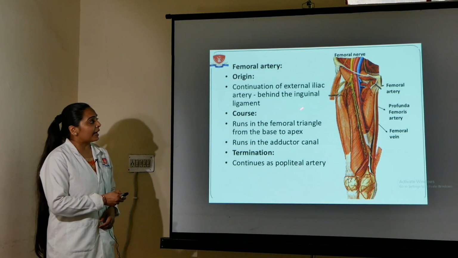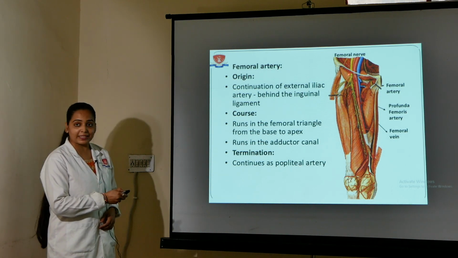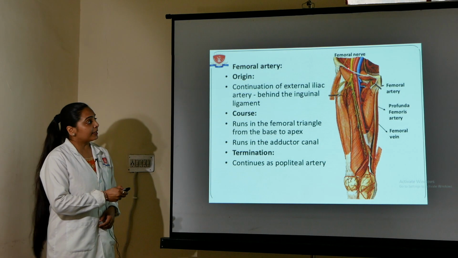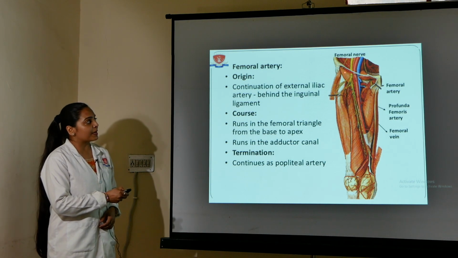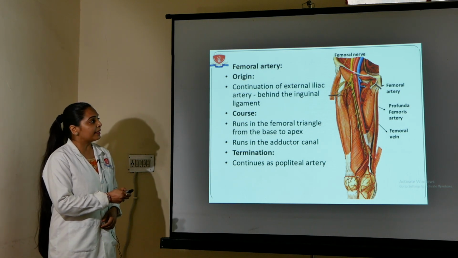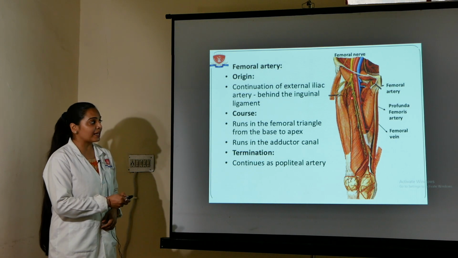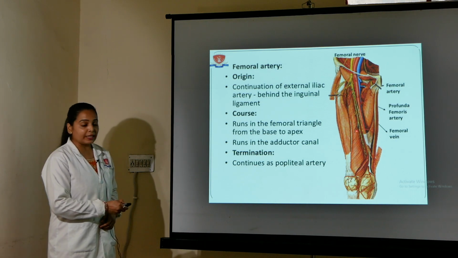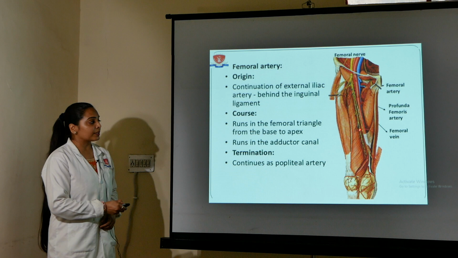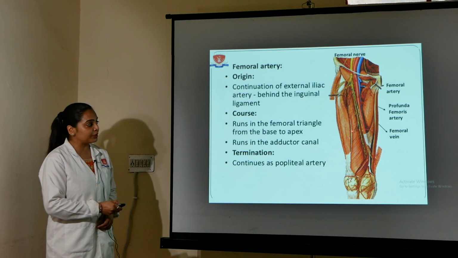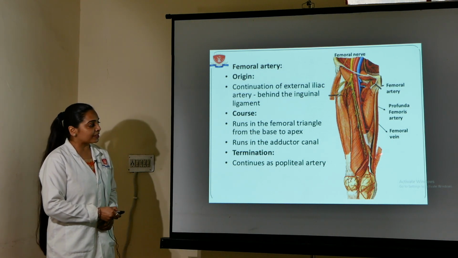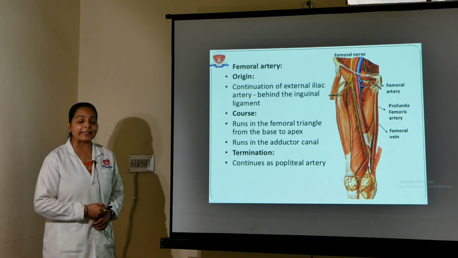So the femoral artery is a continuation of the external iliac artery. It continues just behind the inguinal ligament, runs downwards and medially from the base to the apex of the femoral triangle into the adductor canal, and then pierces the adductor magnus muscle to continue as the popliteal artery.